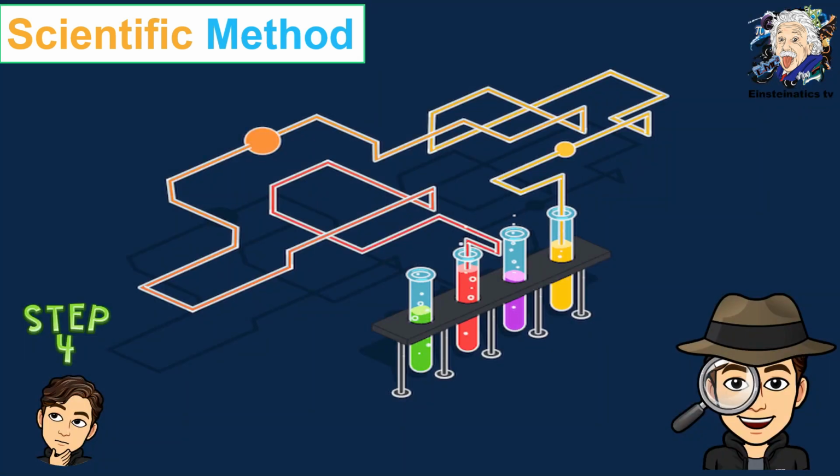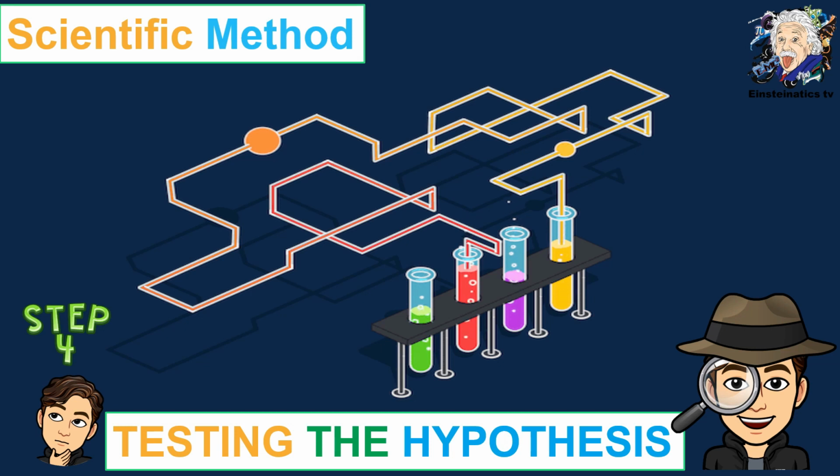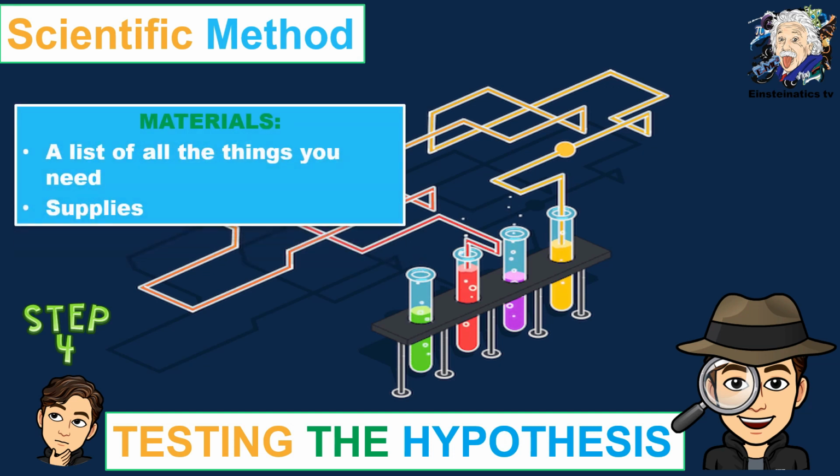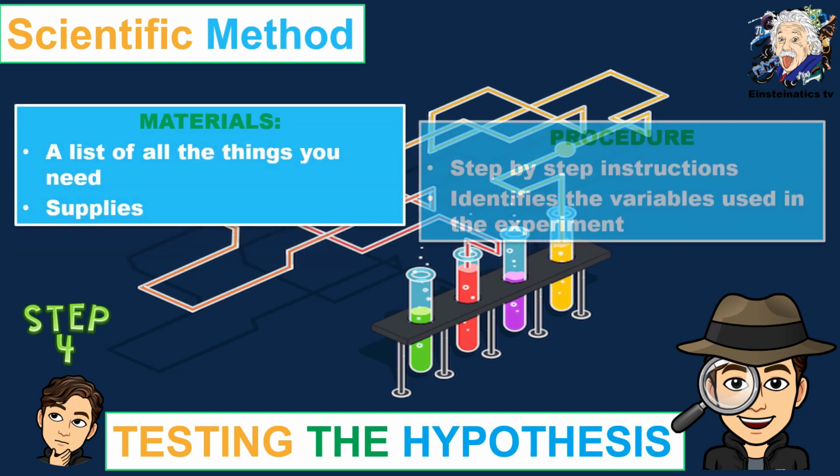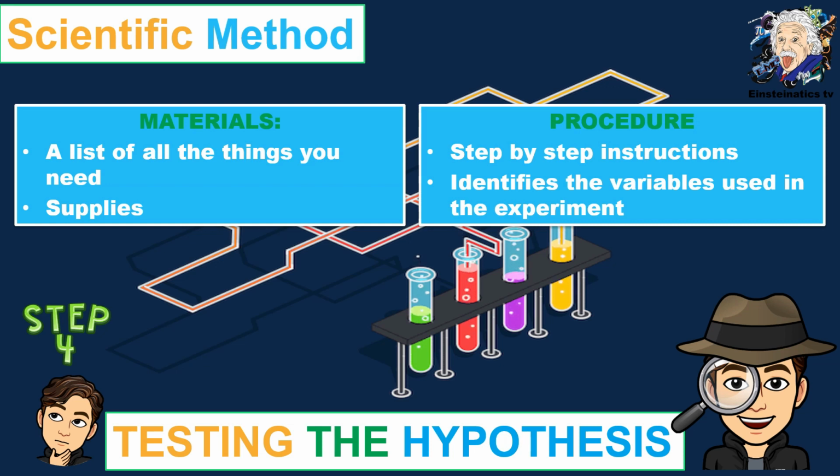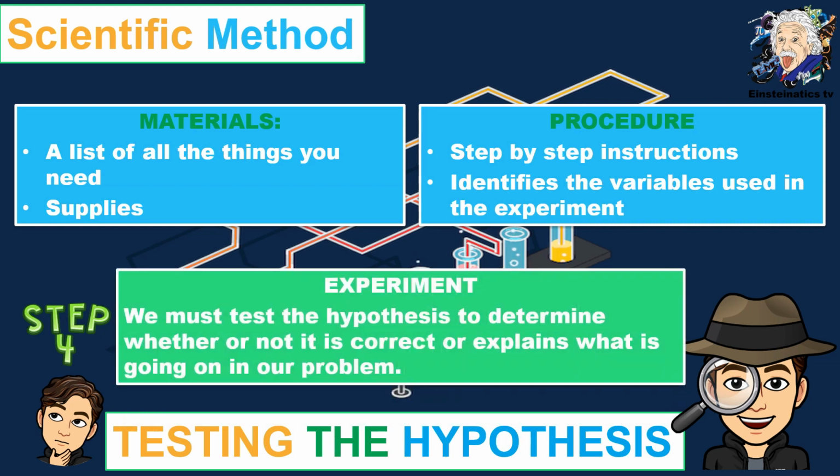We will be proceeding now with step number 4 of the scientific method, and it is known as testing the hypothesis. When testing the hypothesis, there are two main parts: the materials and the procedure. The materials refer to the list of all the things you need, or the supplies, whereas the procedure refers to the step-by-step instructions, and also you are going to identify the variables used in the experiment.